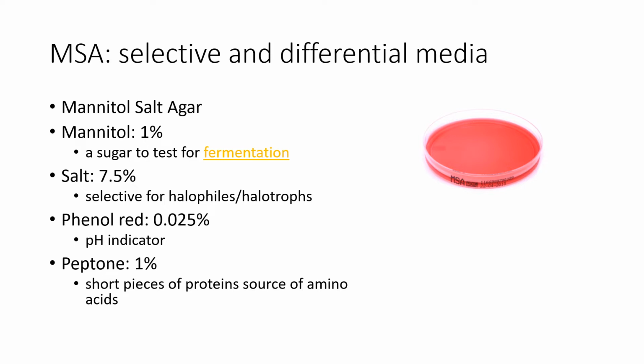The salt is 7.5%. So the ocean, you've been there and you've probably been in, and maybe you got some salt water in your mouth and it's so salty, it's terrible. The ocean is 3.5%. This is 7.5%. 7.5% salt is really, really salty. Remember what high salt or high sugar would do to an organism.